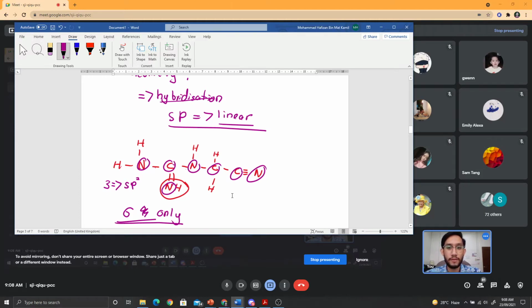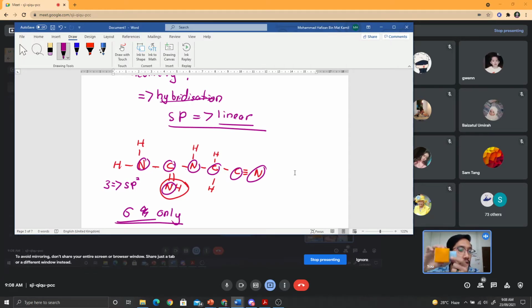So now let's look at, sebab all this time kita tengok pasal those covalent bonding, ionic bonding, dative bond, those are intramolecular. Maksudnya intramolecular forces yang dalam molekul. So contohlah this is hydrogen and fluorine.